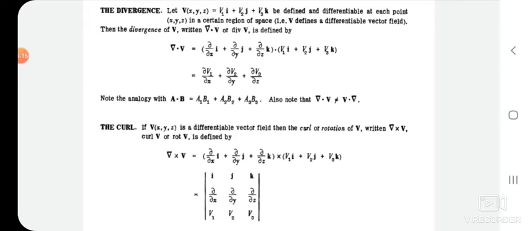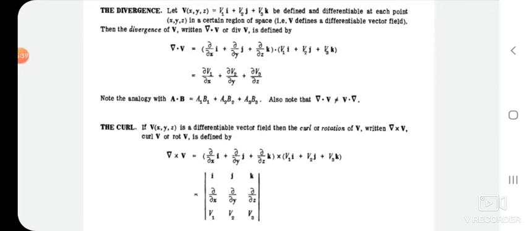Now, what is divergence? To understand the divergence concept, let us consider one function v which depends on x, y and z.